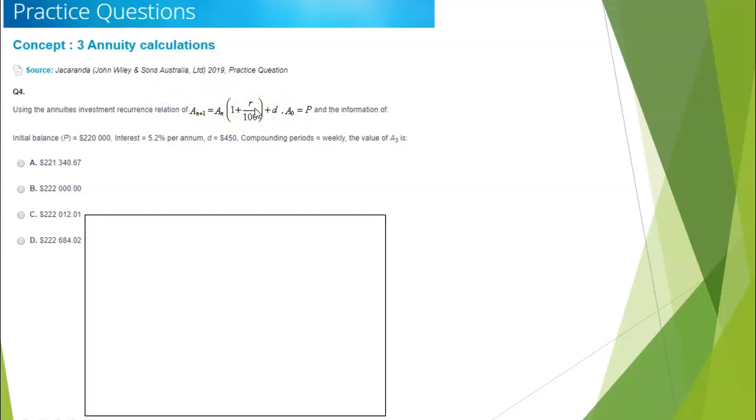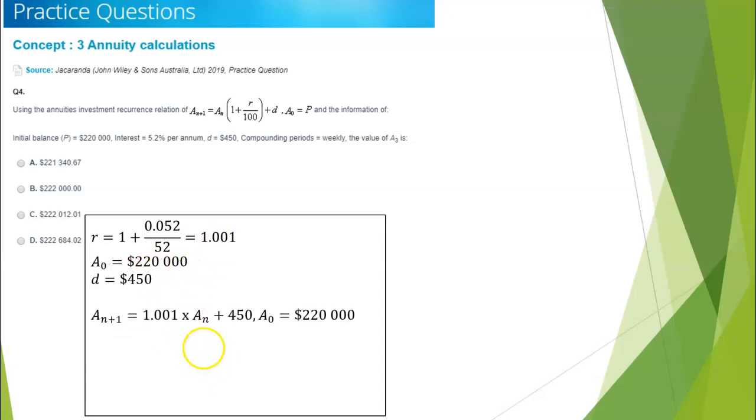So I'm going to start by using the annuities formula. So 1 plus 0.052 over 52 is 1.001. My A0, my starting value is 220,000. I'm putting in 450. So here's my recurrence relation.